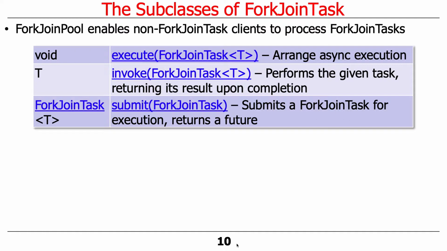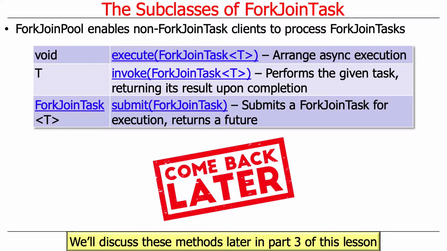This perspective is sort of from the most external view. So if you have an instance of a ForkJoinPool and you want to set the wheels in motion, then you will make invocations to these API calls defined on ForkJoinPool: execute, invoke, and submit. And we'll come back and talk more about these methods later.